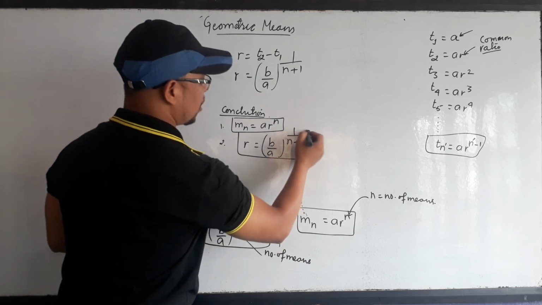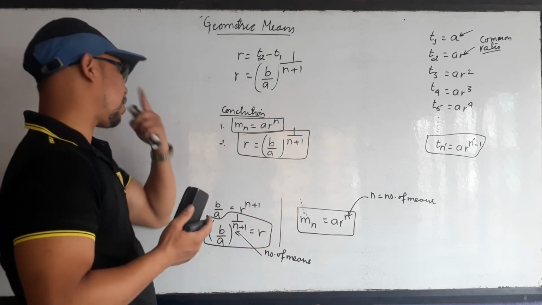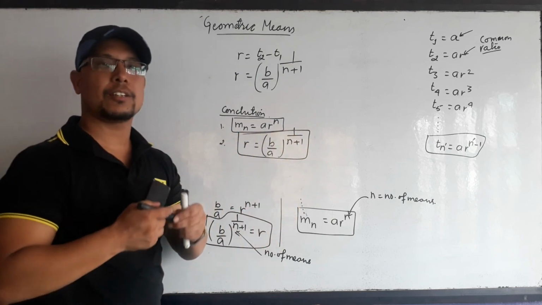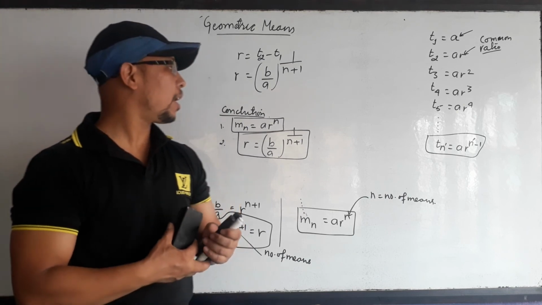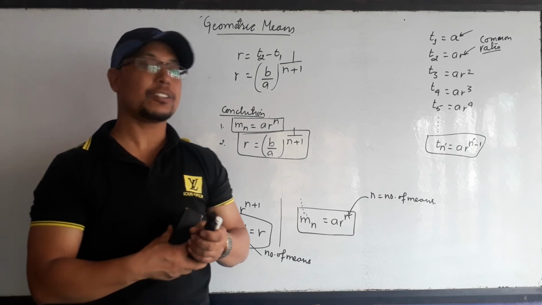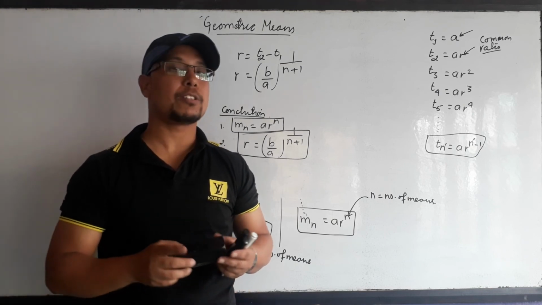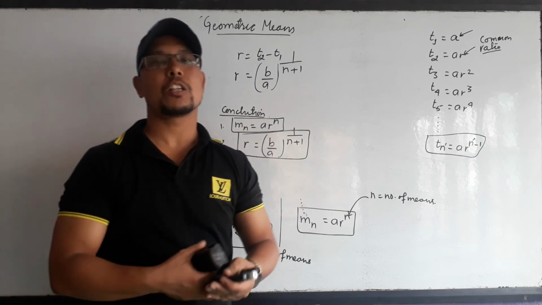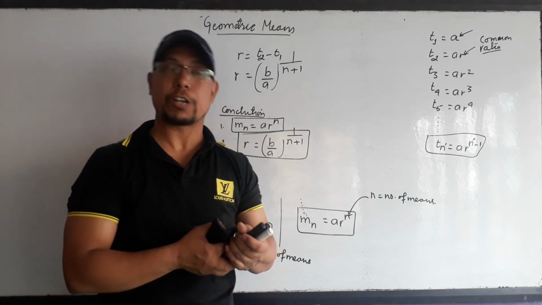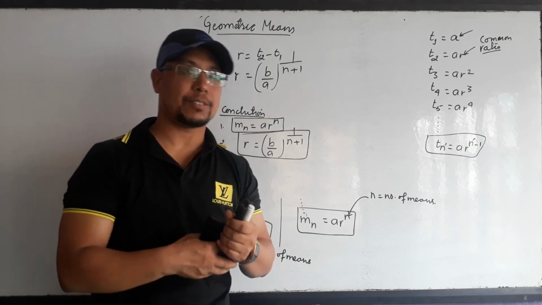This is the second part that we have derived today. These two are very important for finding the geometric means. Hope you have understood this lecture. In my next lecture, I will teach you how to use this formula. We'll do the geometric means exercise. Don't miss that video.